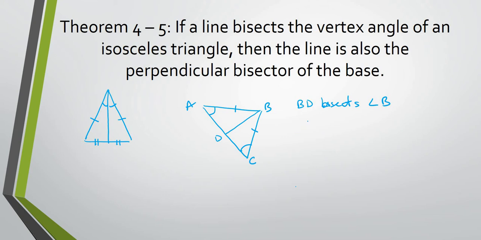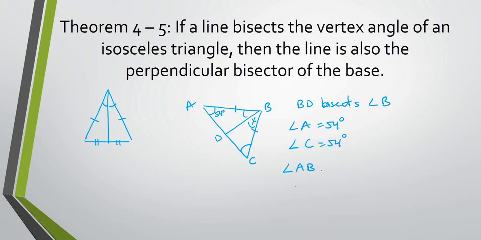Because of that, I can do some calculations here. First of all, I've got 54 degrees here, given, and I want to find angle X. So angle A is 54 degrees. So I can say angle C is 54 degrees by the isosceles triangle theorem. And since BD bisects, I know that those two angles equal each other. So let's see what we can do.